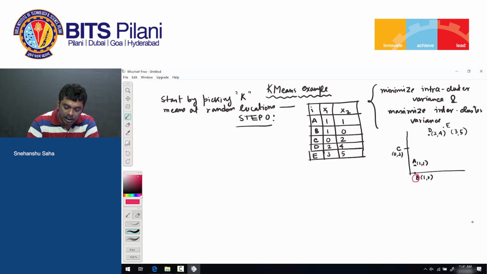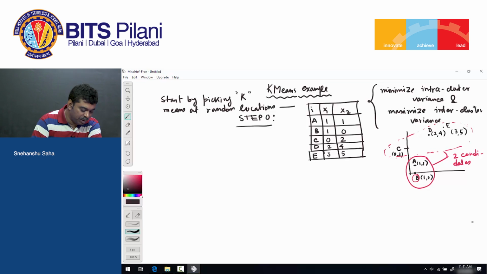And compared to A and B, the point C seems closer to the other 2 points D and E, right? This is just a guess. It may be true, it may not be true, but the candidates for the 2 clusters, at least to begin with, these are no way the final clusters, but at least to begin with, these are the 2 candidates.